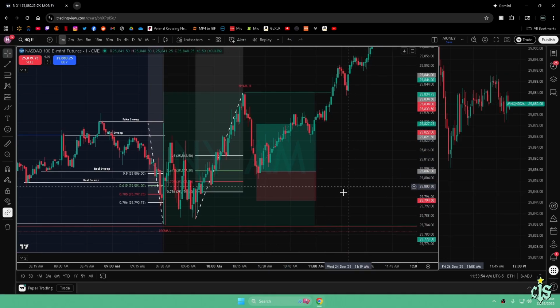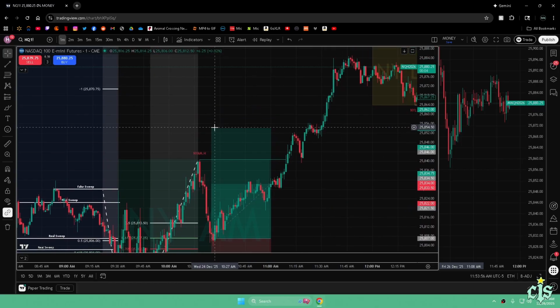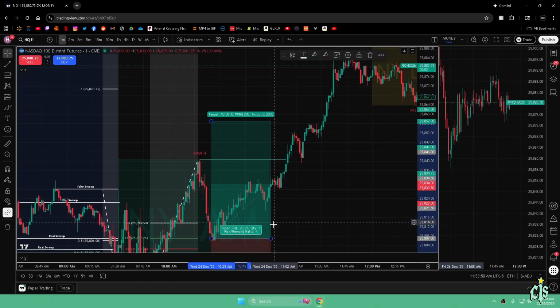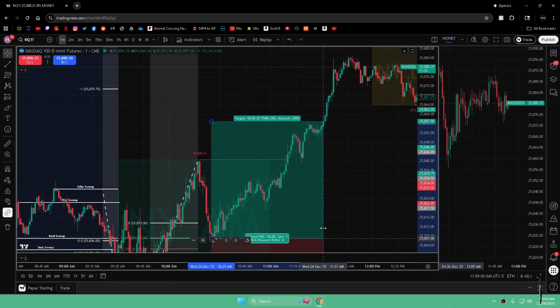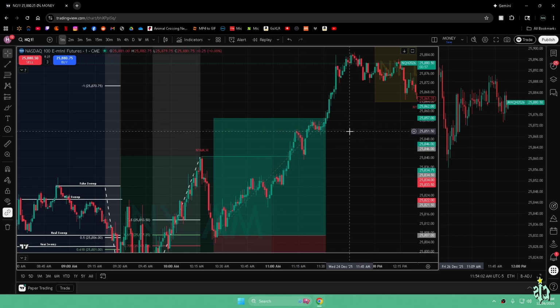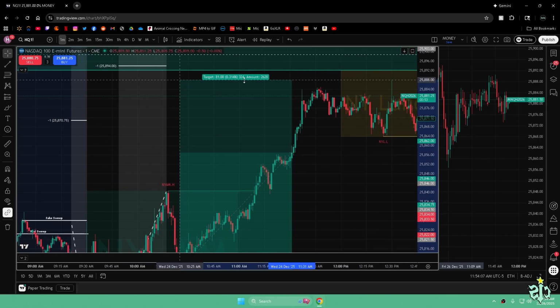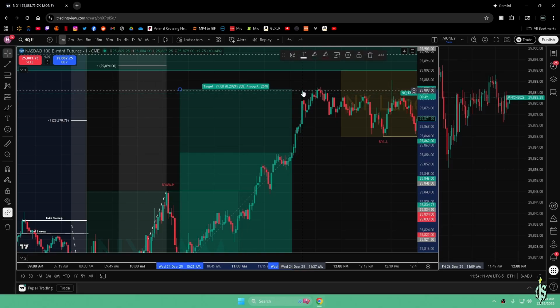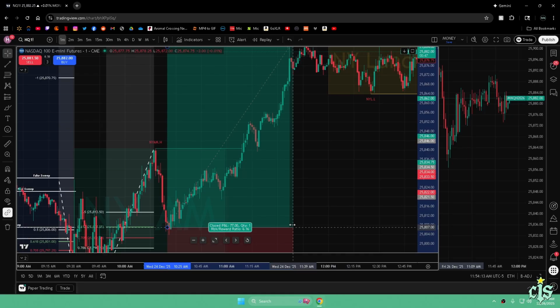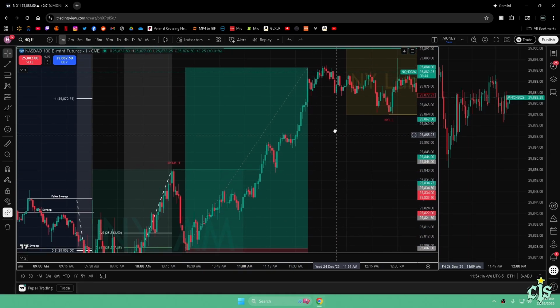Now, you could have aimed for 200 points, right? Which hits obviously, or 200 ticks, or you could have aimed for our buy side, which we had 2. And it gets taken with, I believe it was this wick that it takes both buy sides. You can aim for that.